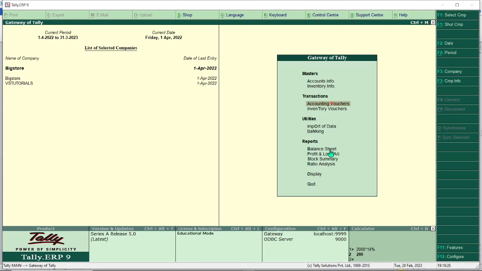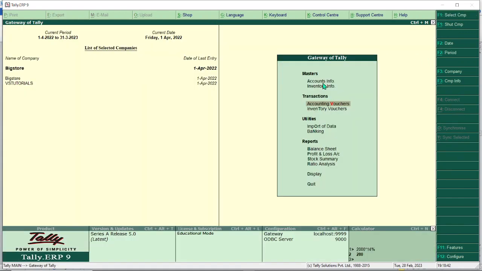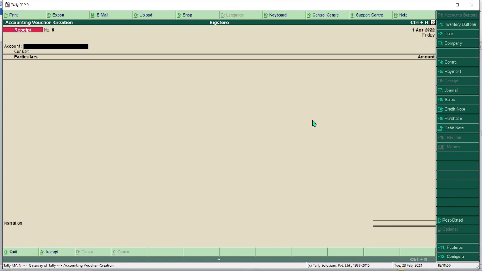So let us see it once again. Go to accounting vouchers. We select accounting vouchers.